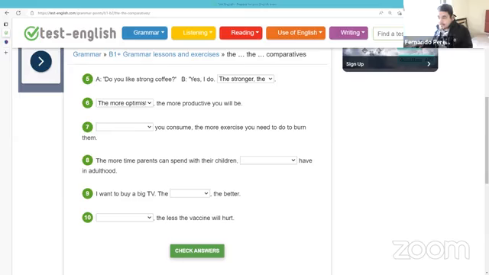Exactly, and also it's not "them". Then calories. Exactly. The more calories you consume. Exactly. You are automatically getting the answer.